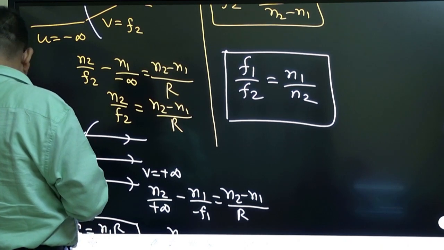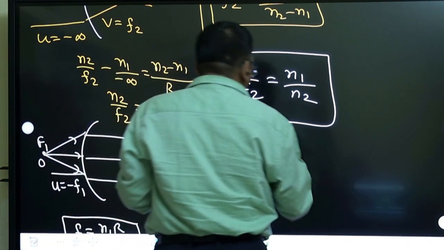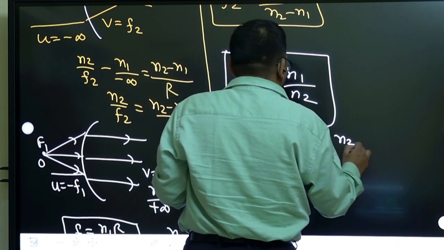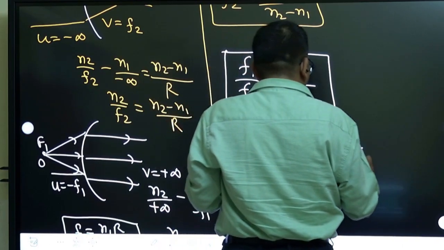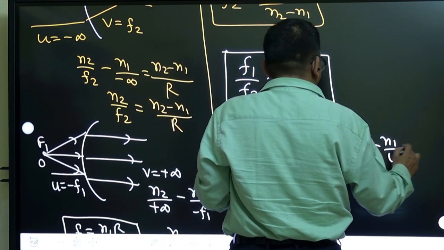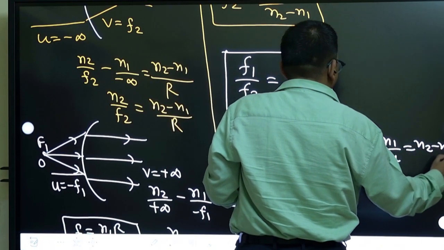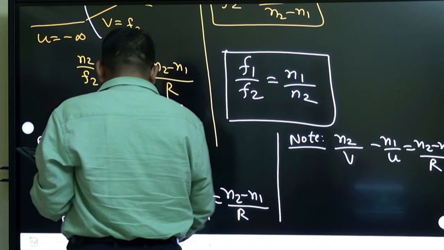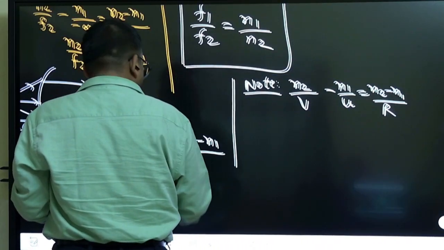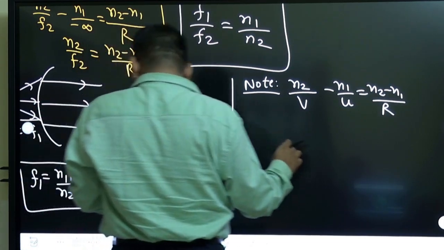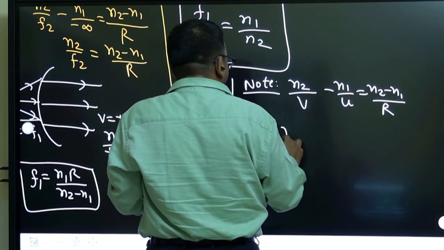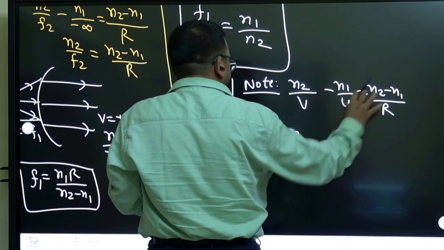Now this is the important thing to note: n2 by v minus n1 by u is n2 minus n1 by r. Now let's note something important. Suppose I write this r, but I divide using this factor.